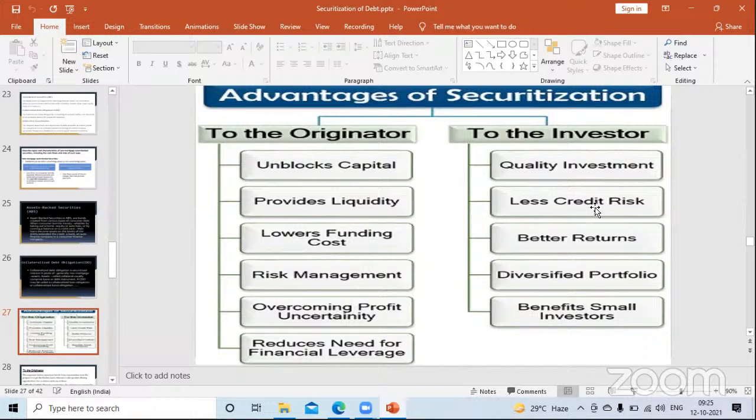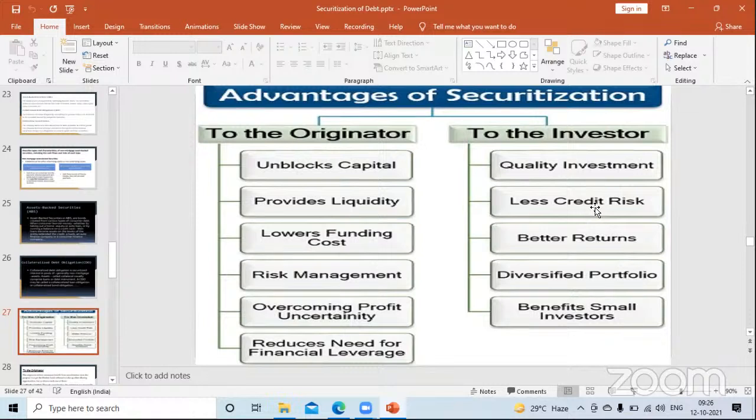So a small number of shares will have a very small price in the market, and that very small price can be affordable. It can be bought by medium-term buyers, those who cannot afford high-priced securities. So they can also go for buying such securities.